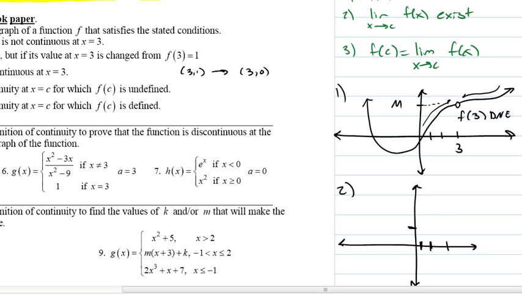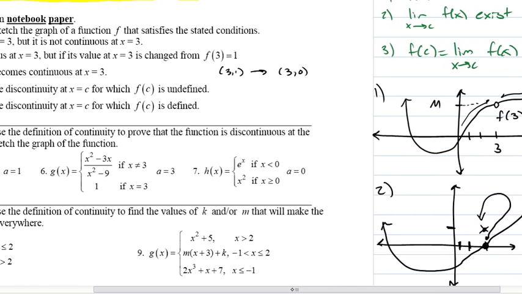The point (3, 1) would be right here, and I'm going to draw its closed dot and draw my graph like this. Example number 2 is saying that if I were to change this point to this point, clearly it would be a continuous function. Then you can scratch this point off, saying that it's been removed or changed, and that would satisfy number 2.